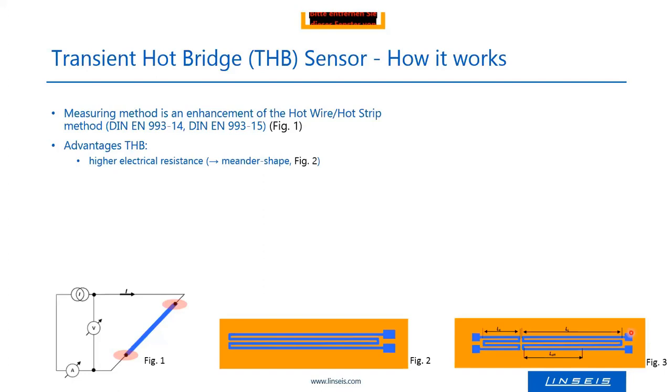We can measure that by applying a second part here, a smaller part on the left-hand side. And we can measure the heat loss at these two junctions by measuring here the resistance during the measurement.